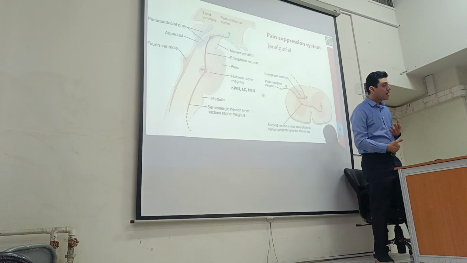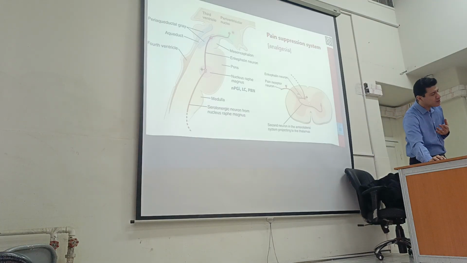So let's see. It starts from periventricular nuclei of the hypothalamus. So neurons from here go to the PAG, periaqueductal gray. So why do we call this PAG? Because we have a tunnel here in the brain, so we call this aqueduct, right?